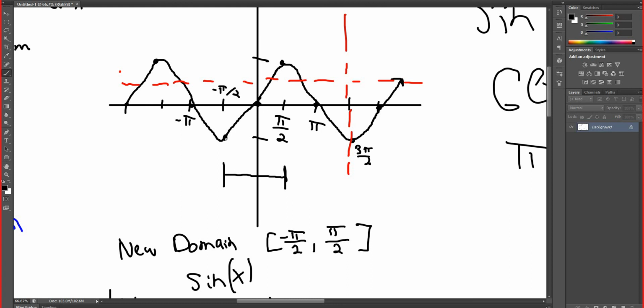So if we include 0, we're going to be going from negative pi over 2, because that's where I'm at negative 1. I didn't label that as negative 1. And then to pi over 2, because that's where I'm at 1. So I'm covering all values in my range. And if I take this piece, I won't fail the horizontal line test.